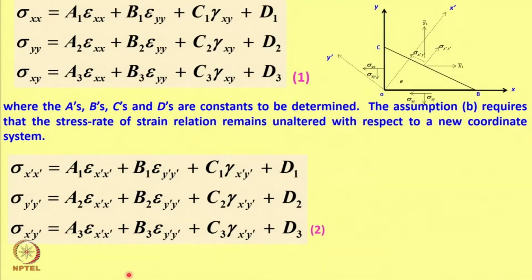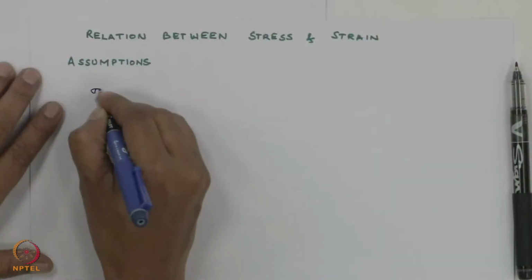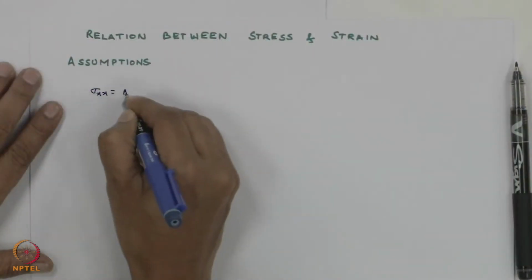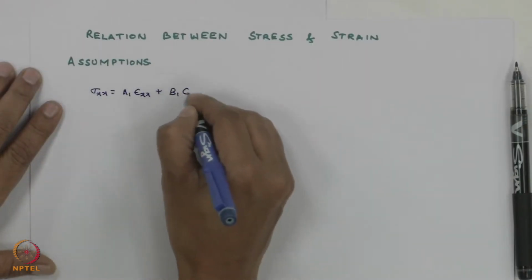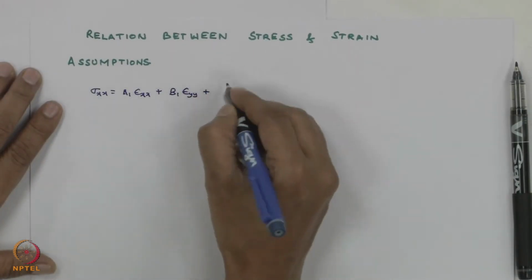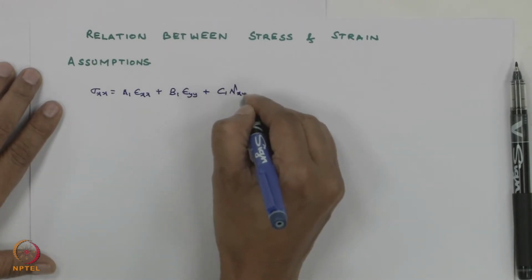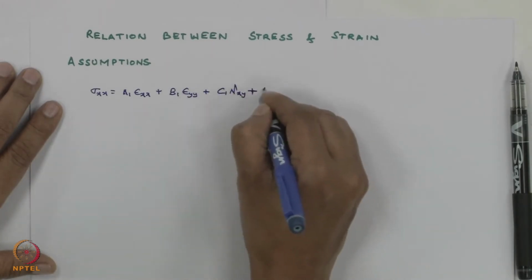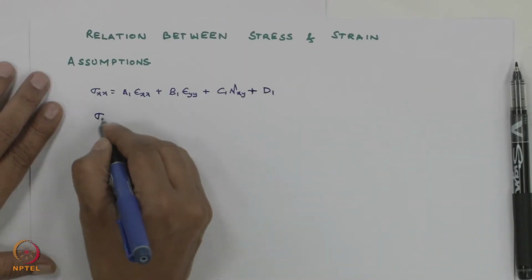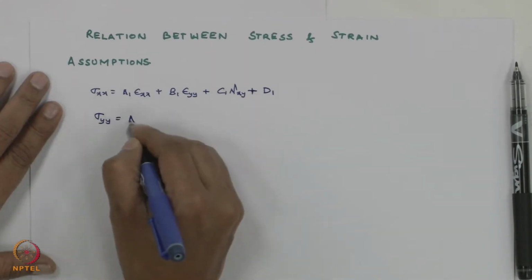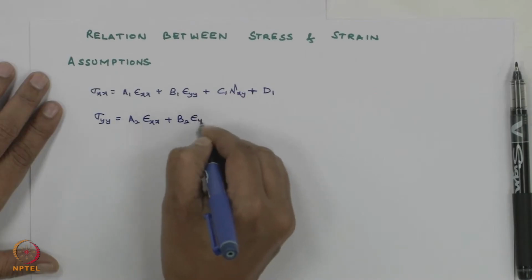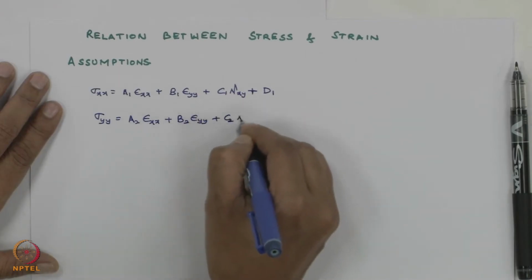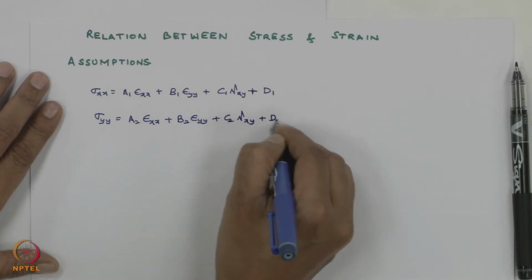So now, what does that mean? Sigma xx is equal to A1 epsilon xx plus B1 epsilon yy plus C1 gamma xy plus D1, and sigma yy is equal to A2 epsilon xx plus B2 epsilon yy plus C2 gamma xy plus D2.